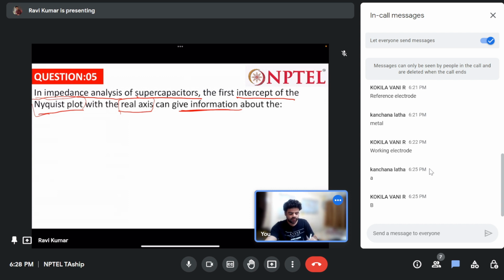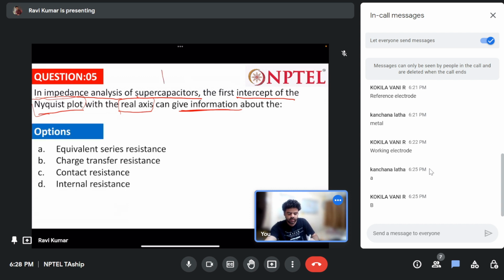For rough purposes I am showing, if this is a graph, then according to the Nyquist plot we write impedance real part, impedance imaginary part. So the first intercept is this one. What does this value represent?